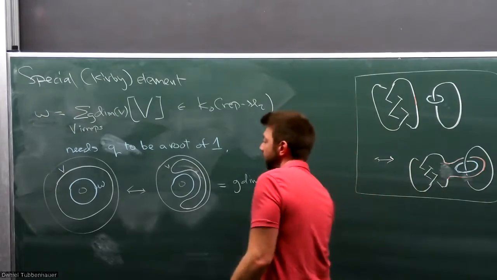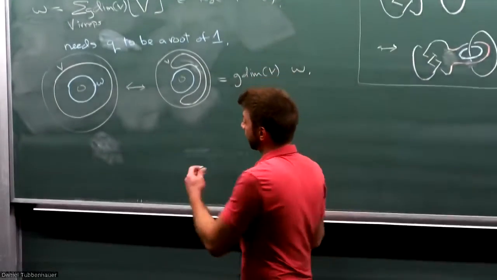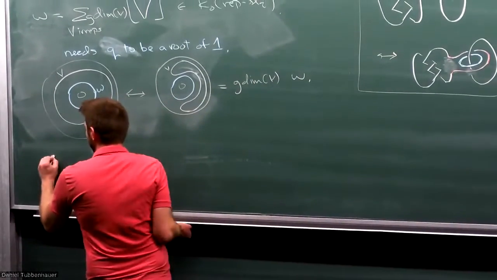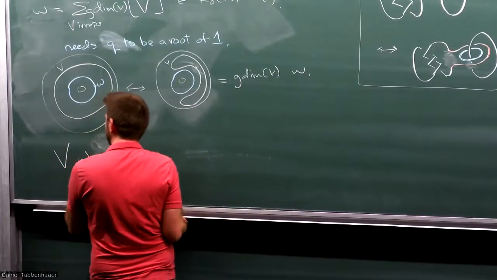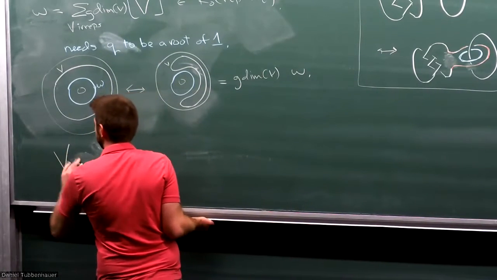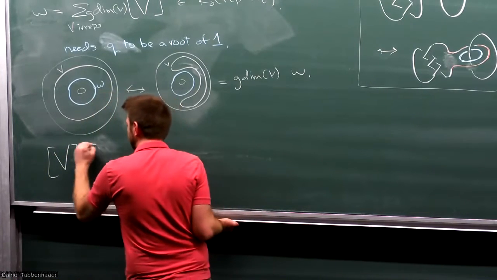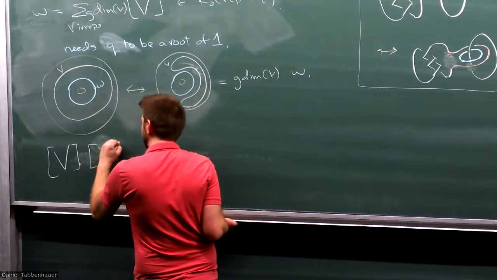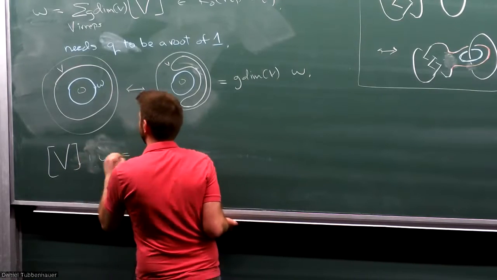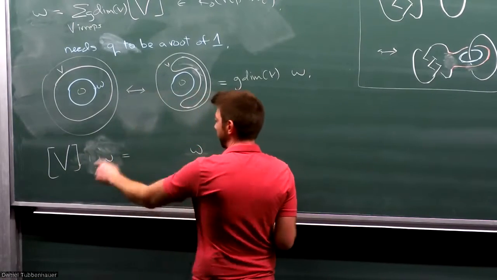And so the slide move algebraically has an algebraic avatar, which is simply the following. The Kirby element is an element of the representation ring that satisfies this kind of property. It eats representations and spits out their graded dimensions.